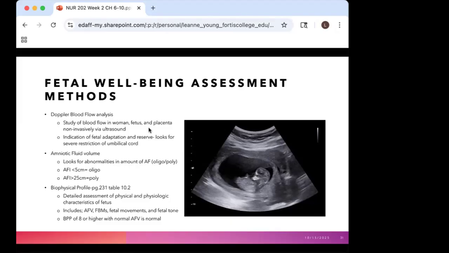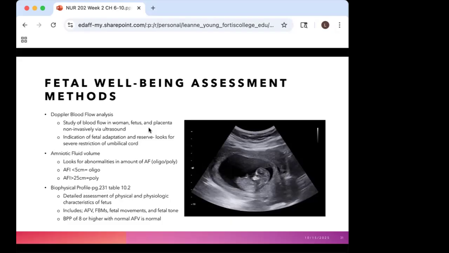So it includes tests of the amniotic fluid volume, fetal breath movements, fetal movements, and then fetal tone. These things will give you a score out of 10. So a BPP of 8 or higher with a normal amniotic fluid volume would be considered normal.